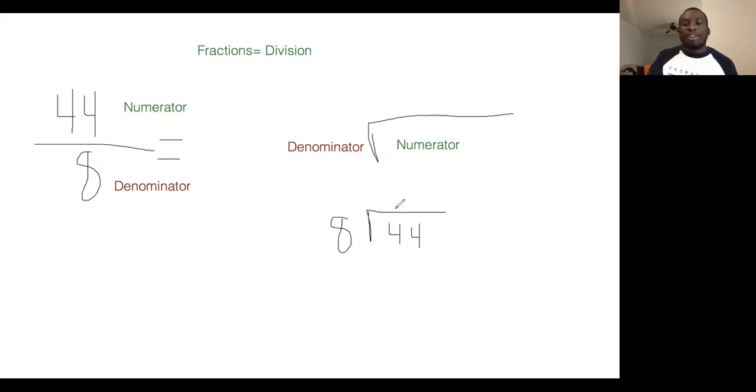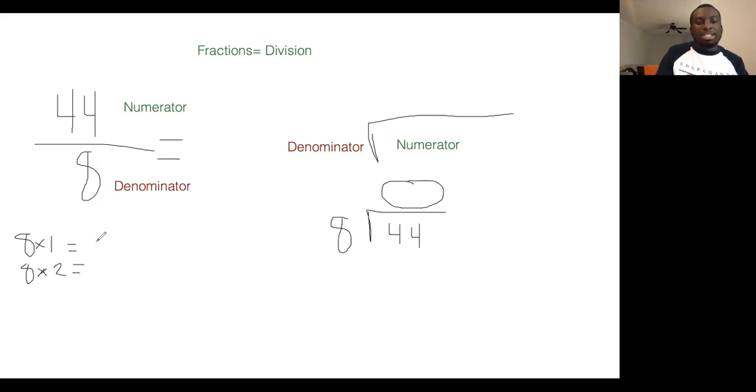In order for me to find out what goes on the top, if I know my multiplication facts, it's going to come to me. But if I don't, it's okay. I'm going to write them out. I know 8 times 1, I know 8 times 2, and so on. I'm just going to list out the answers, but I'm also going to say the equation.